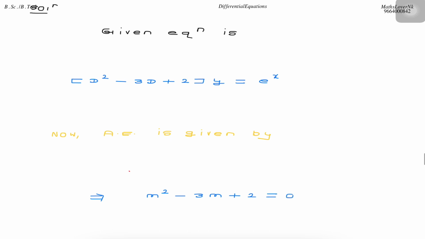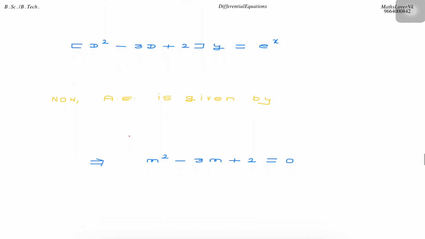Now by splitting the middle term we solve the quadratic equation and get the roots. m square minus 2m minus m plus 2 is equal to 0.